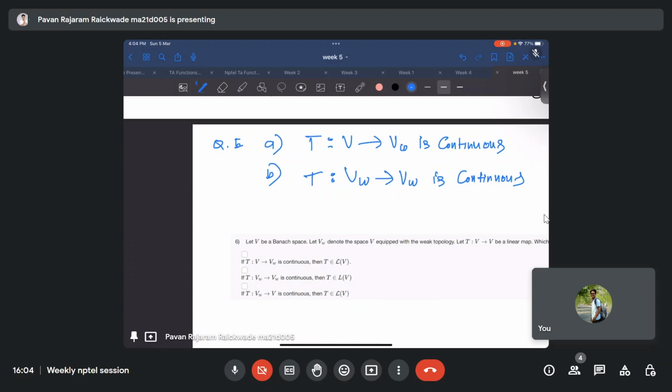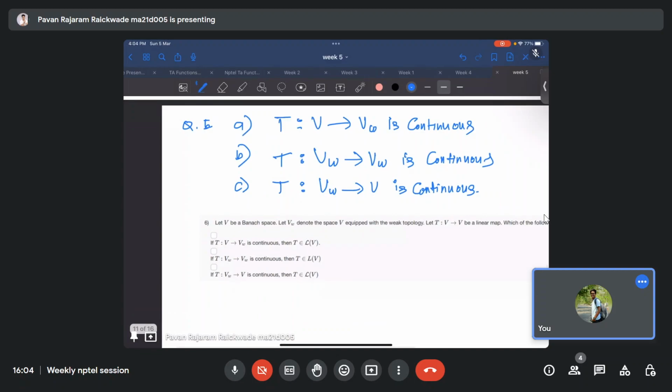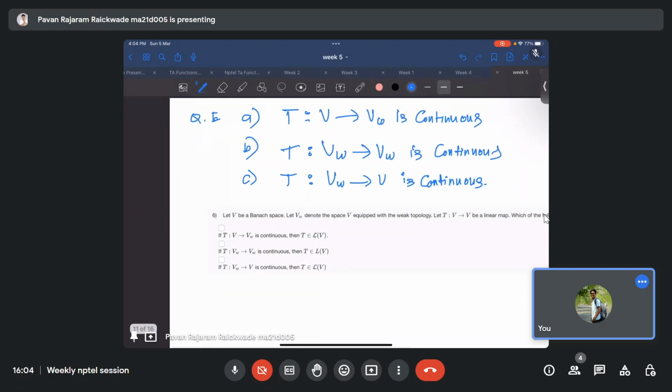Correct, sir. The third option: T from V_W to V is continuous. This is question number 5 we want to check, where V_W is the vector space V equipped with the weak topology, and T is a continuous linear operator from V to V.